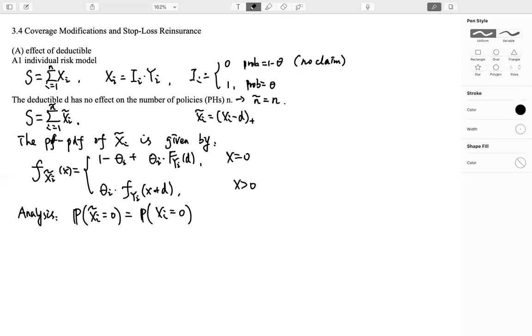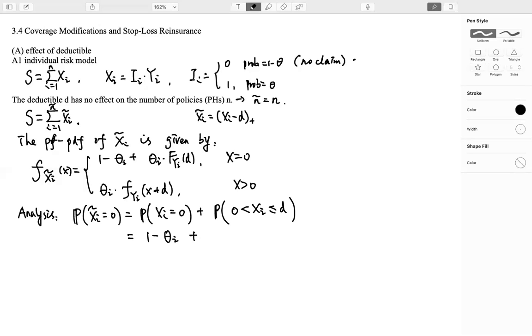So let's do that. Of course, it may be Xi less than 0, or it's strictly greater than 0 but less than d. Those are the two possibilities. So this part is 1 minus theta. This is from the definition.